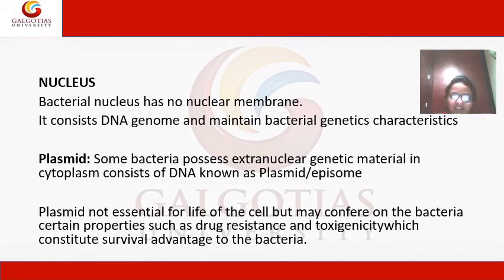And second is plasmid. Some bacteria have extra nuclear genetic material which is not present inside the nucleus, but is floating inside the cytoplasm. That type of extra nuclear genetic material is known as plasmid. This plasmid is not essential for life, because, as already told, it is present only in some bacteria.